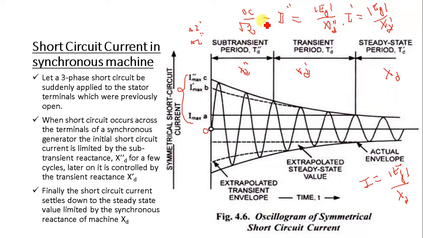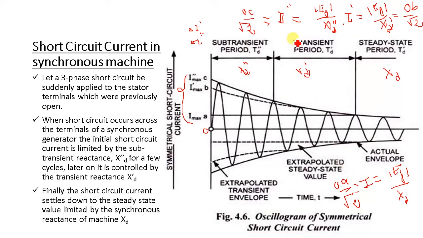Same way, I dash can be written as OB by root 2, and I can be written as OA by root 2. Here I double dash, I dash, and I are the subtransient current, transient current, and steady state current respectively.